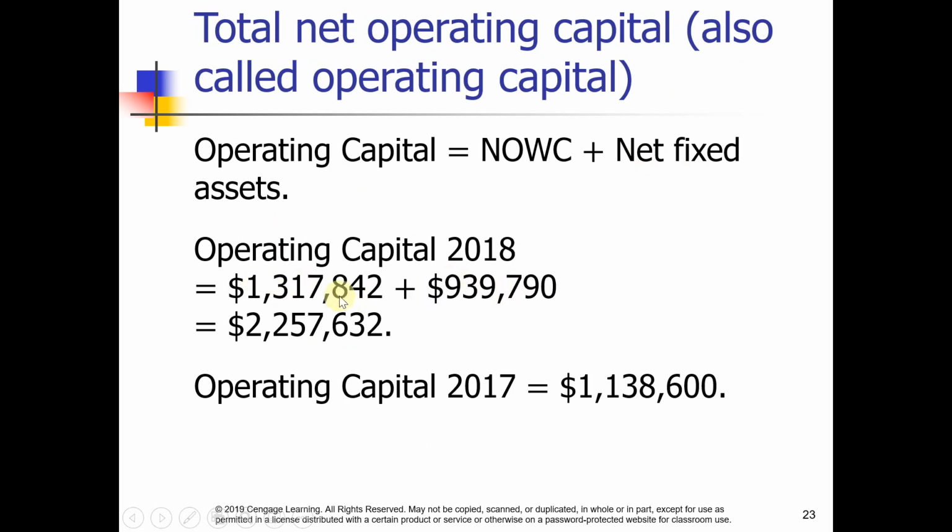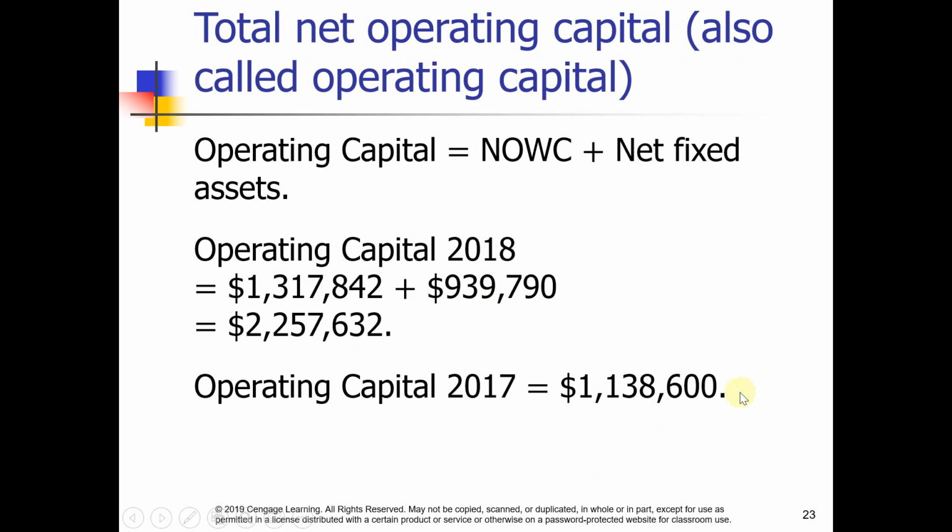If you go back to the balance sheet, you'll see the net fixed assets in 2018. Calculated similarly, in 2017, net operating capital, both working capital and fixed assets, was $1.1 million. It became almost double in 2018.